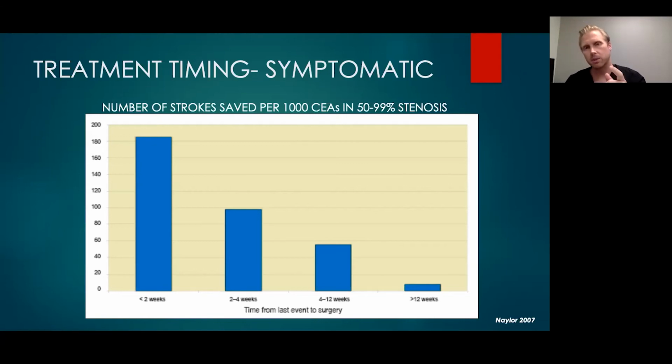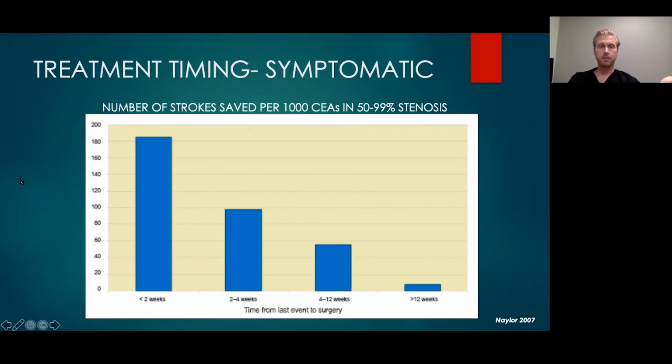But they make adjustments knowing that often CTAs show higher degree of stenosis than the angiogram does. And so there's an adjustment for that. So the degree of stenosis may be slightly different on a CTA to be included in a trial than on an angiogram. Hopefully that answers your question.